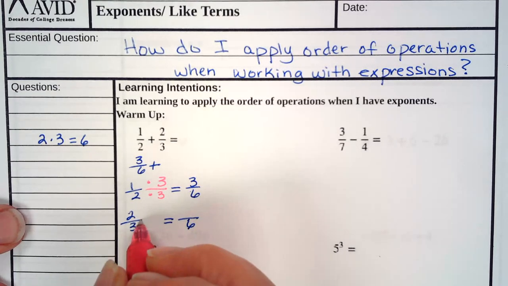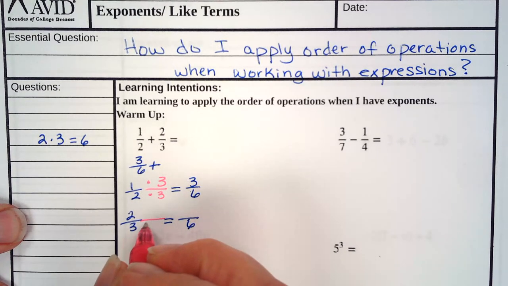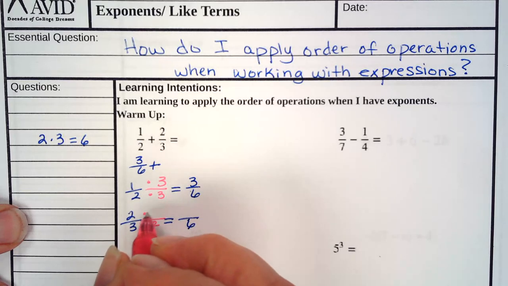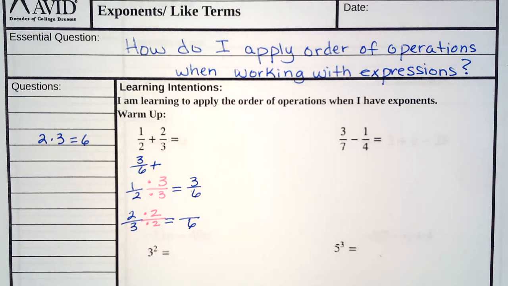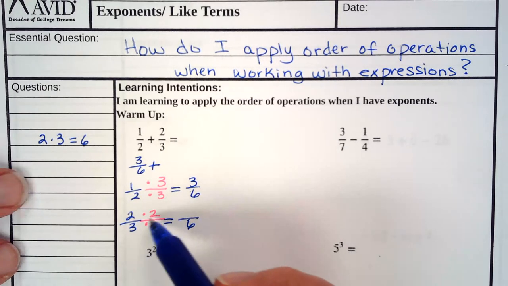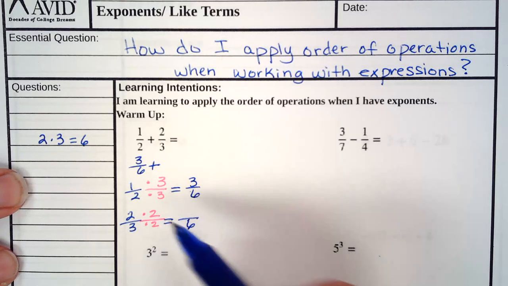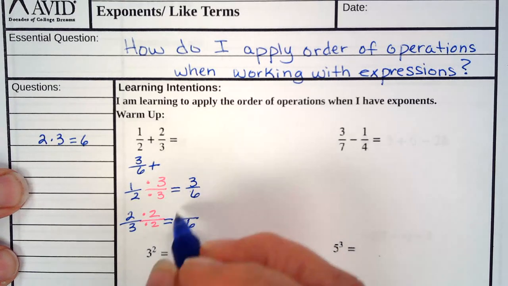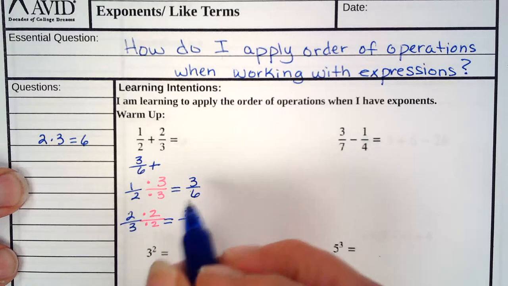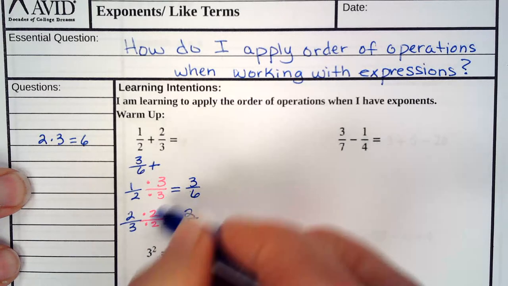What do I multiply 3 by to get 6? That's by 2. Once again, multiply the 2 by 2 because I need that 2 divided by 2, which is 1 there. 2 times 2 is 4, not 2.